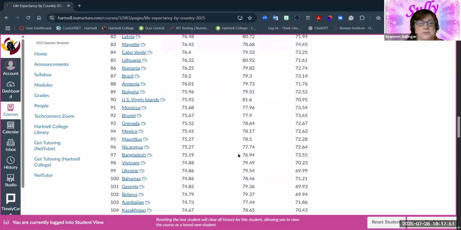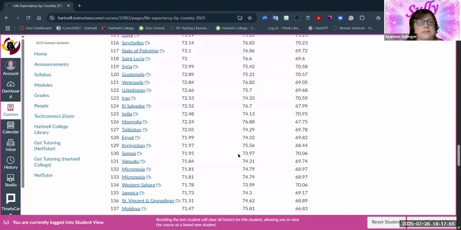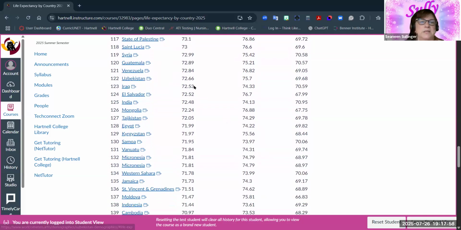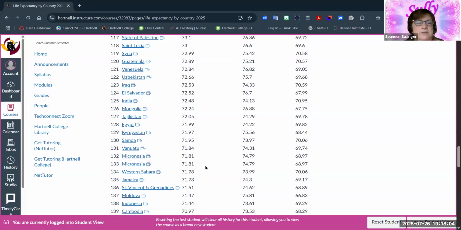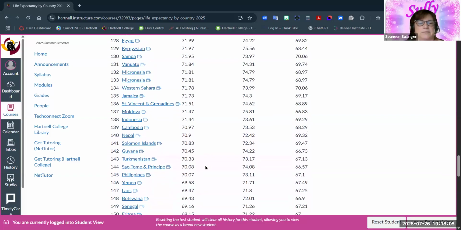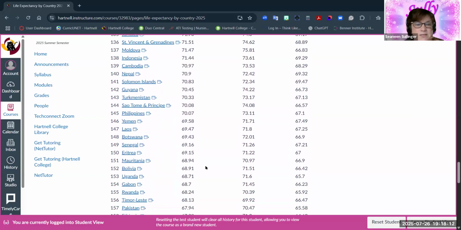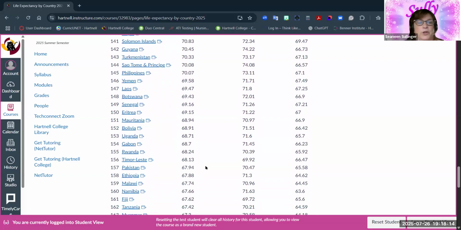But I did want to continue down here. So 86, I think, was the top. If you look down here, there's Uzbekistan, Iraq, El Salvador, India, Tajikistan. So 72, we're in the 70s, Cambodia 70, Nepal 70, Philippines 70, and then we drop below 70 years old, and we still have more to go.